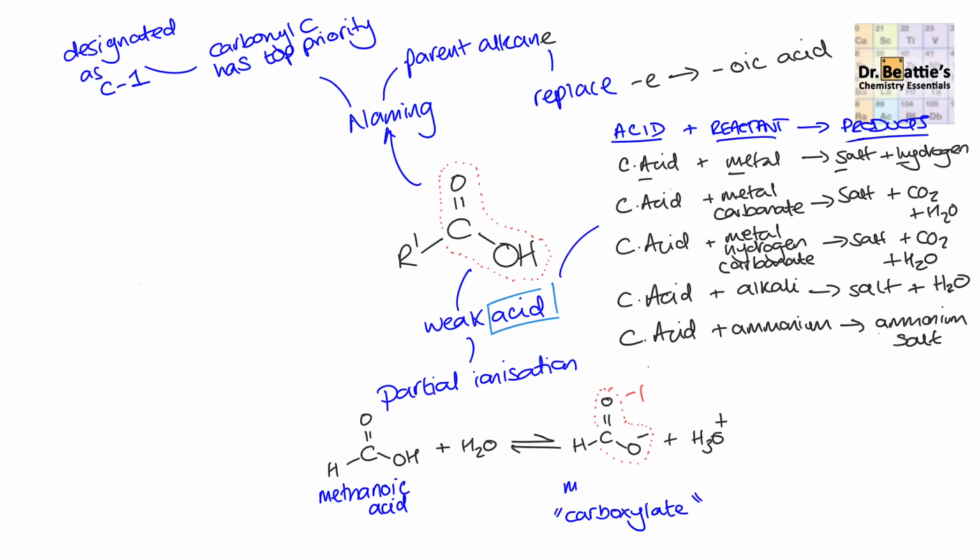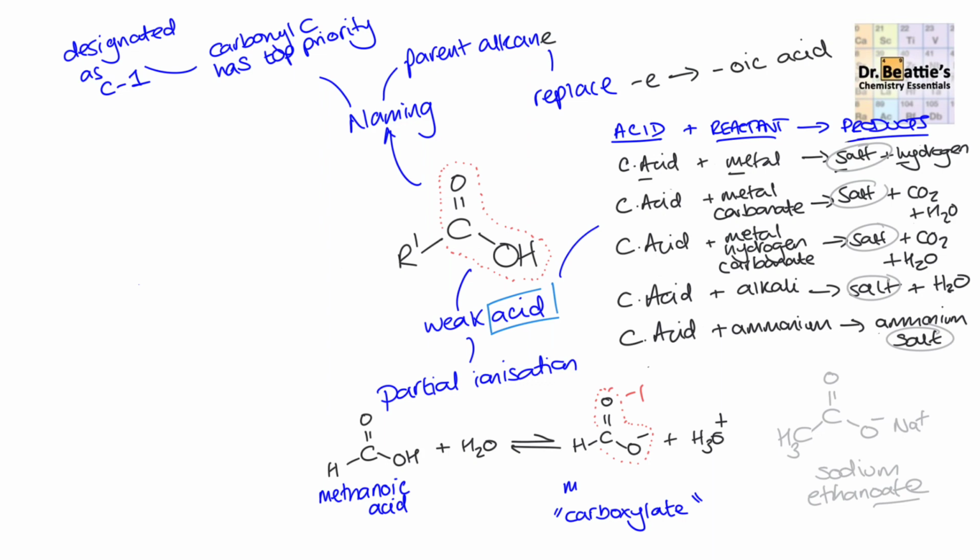Always being careful that the salt is a carboxylate with either a metal plus ion. If it's a metal 2 plus ion, 2 lots of the carboxylate, or it could be an ammonium ion. So you would always name whatever these salts were ending in -oate. For example, if we look at this example, this would be sodium ethanoate.